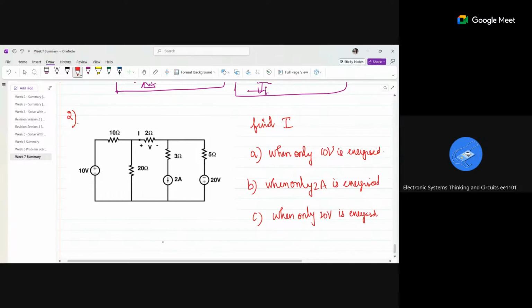Then you have to find the total: given all are energized, what is the total current?